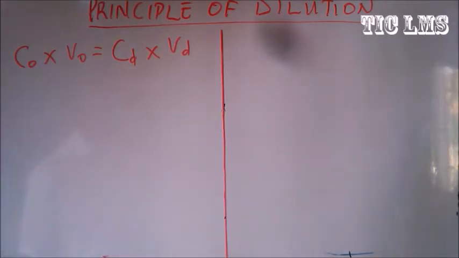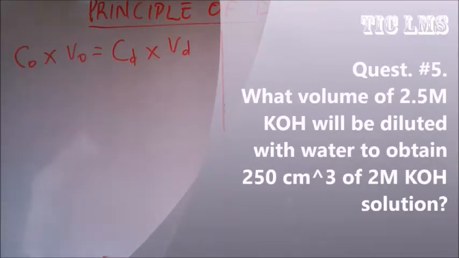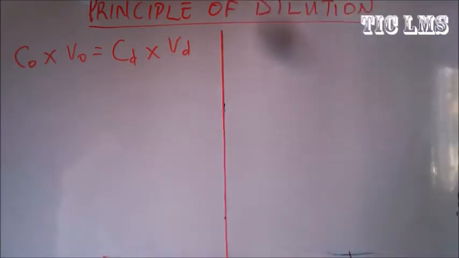And so let's look at a question in that line. It says, what volume of 2.5 molar potassium hydroxide will be diluted with water to obtain 250 cm cubed of 2 molar potassium hydroxide solution.